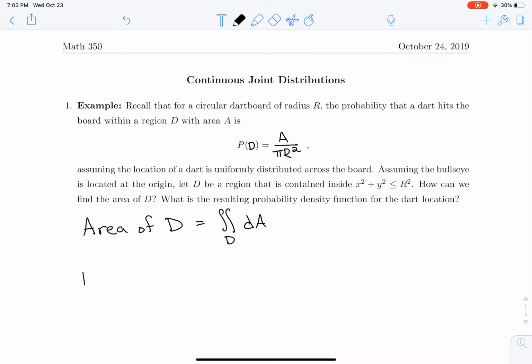Well, what does that imply for the probability that the location of the dart, we'll call that xy, is in that region D? Well, that's the double integral of dA over the area of the total dartboard, which we'll call pi r squared.